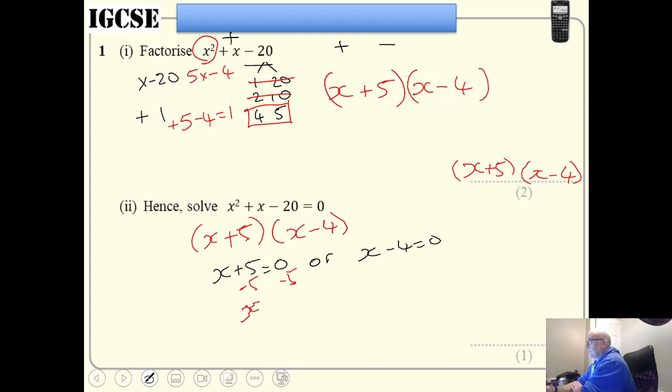So x equals negative 5. On this one, get rid of the 4, leave an x on its own, and 0 plus 4 is going to give me positive 4. So my two solutions will be x equals negative 5 or positive 4.